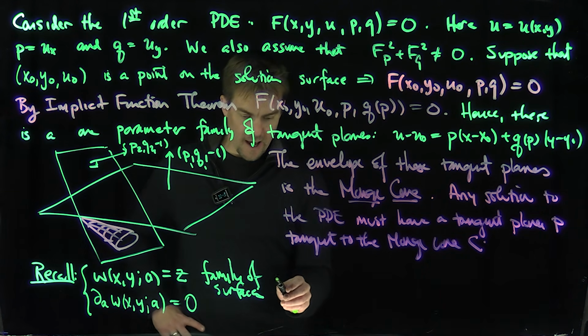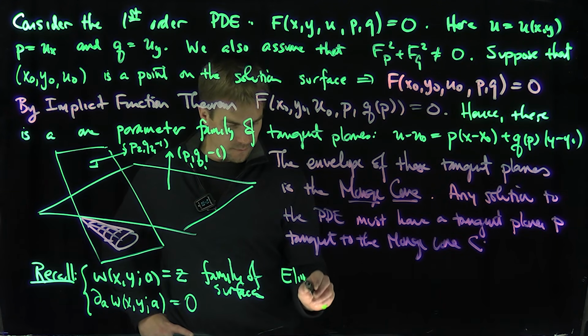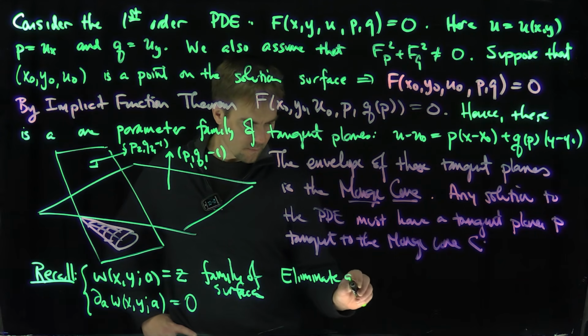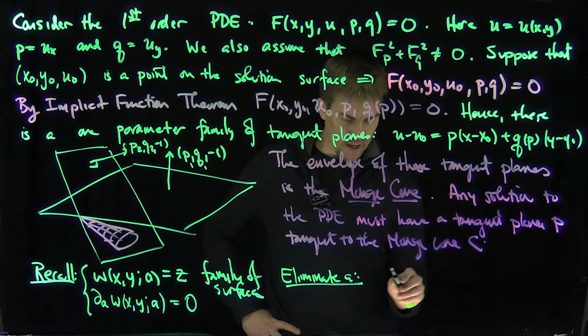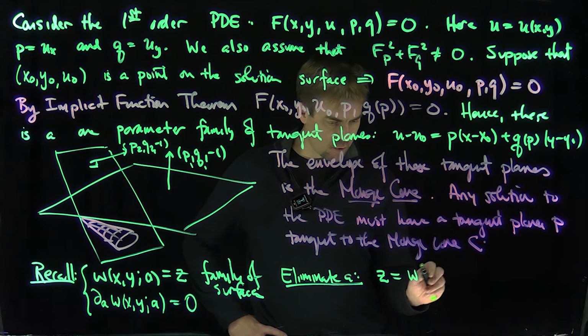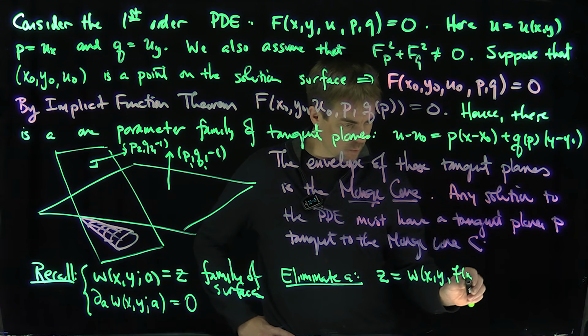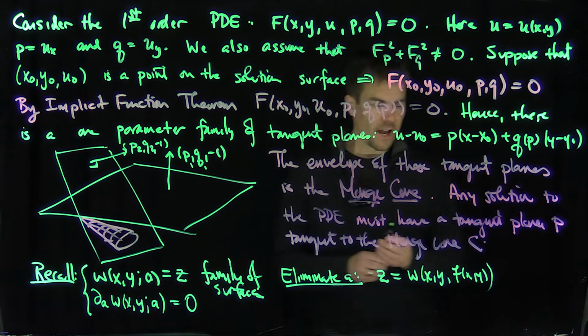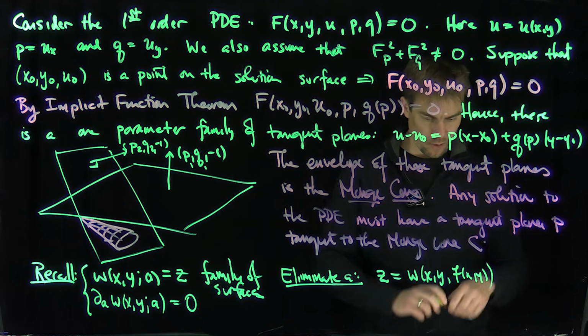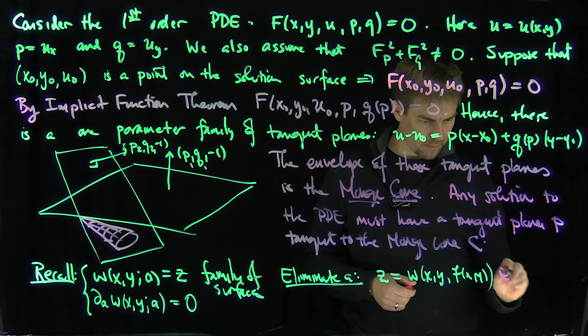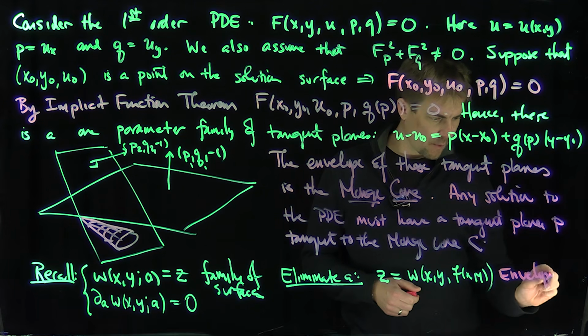If we eliminate a, we're going to have a surface z equal to w of x, y, and then some other function that is the result of solving that system. This is the envelope surface.